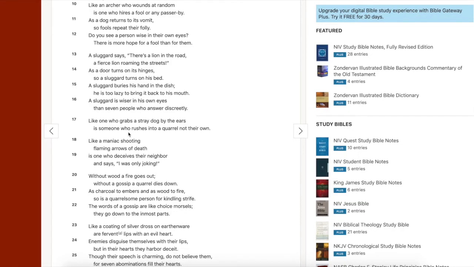Like an archer who wounds at random is one who hires a fool or any passerby. Okay, so you guys are listening to this and like, oh well, I don't get it. So this is how it is. You hire a trained assassin to go take out someone, and they're just firing at will and killing everyone and not killing the enemy.